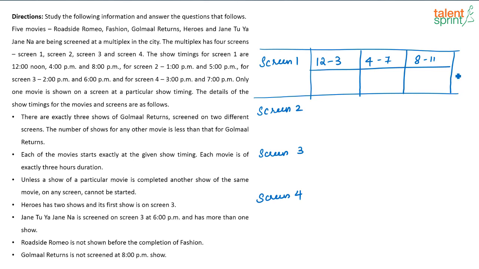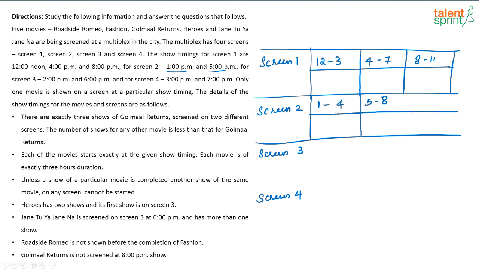So those are the timings when movies are shown in screen 1. Now look at screen 2. When are movies shown in screen 2? 1 p.m. and 5 p.m., or 1 to 4 and 5 to 8. These are the movie timings for screen 2.